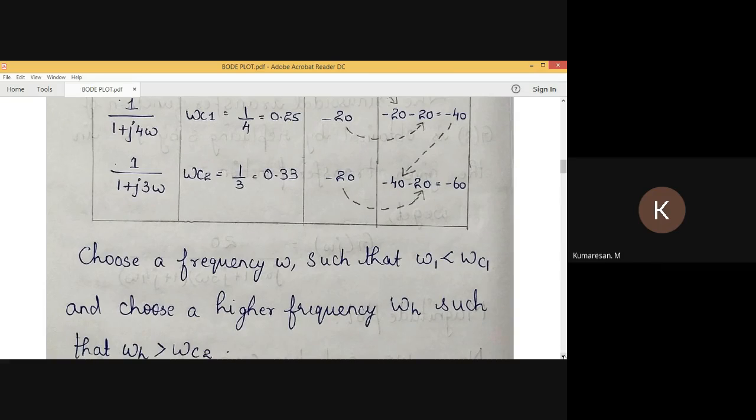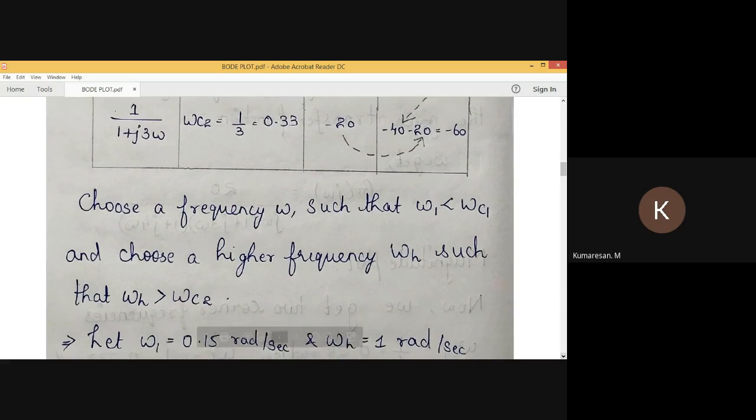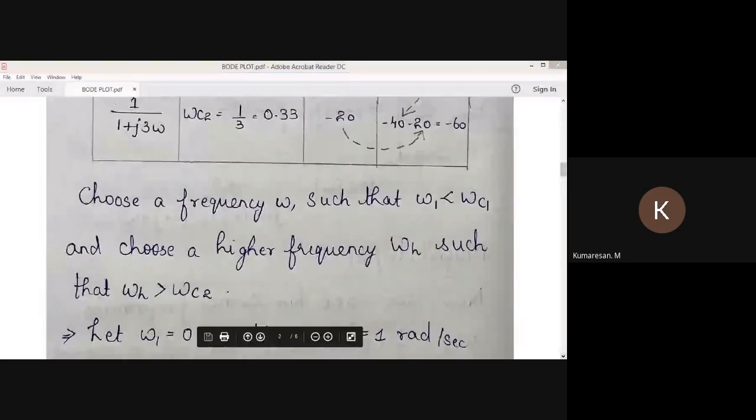By using these two corner frequencies, we can decide the frequency range.